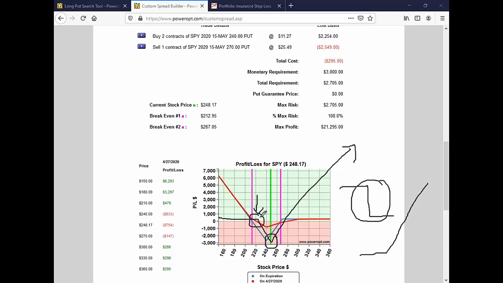Okay. Now you can set them up at different strikes, but what does that mean? Well, if I used out of the money calls, I might not get a credit, but then my upper break even would be really high. So if I bought two 300s and maybe sold a 280, we might see a similar profit and loss chart. But where's my upper break even? It's going to be around 340, 330.